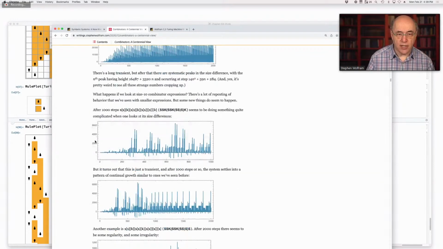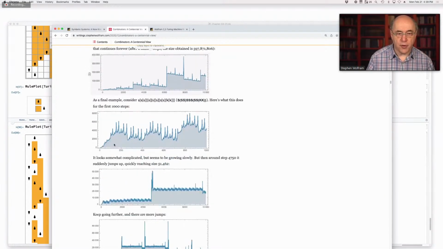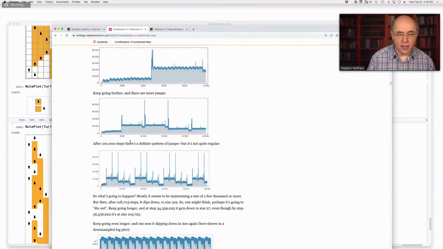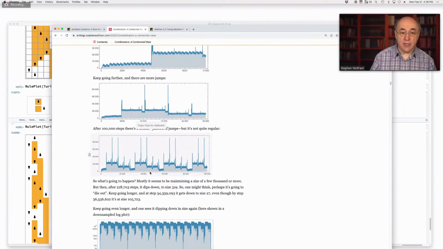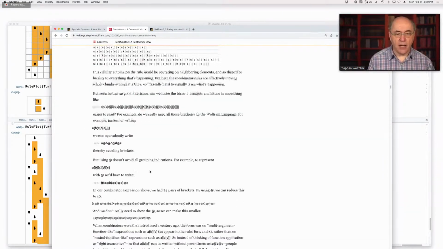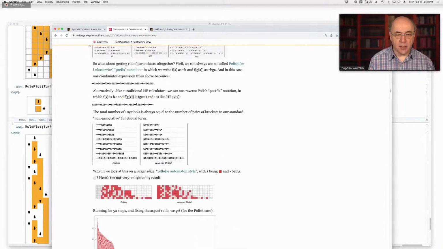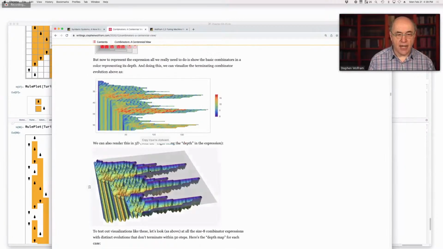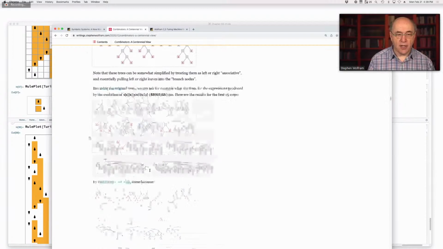I think there's one here that kind of wiggles back and forth and does all those very, very complicated things. Eventually, I think after 36 million steps, it eventually dies out. So again, extremely complicated behavior. And by the way, in the case of just those combinators, they can sometimes die out, sometimes grow forever. The behavior is very complicated.